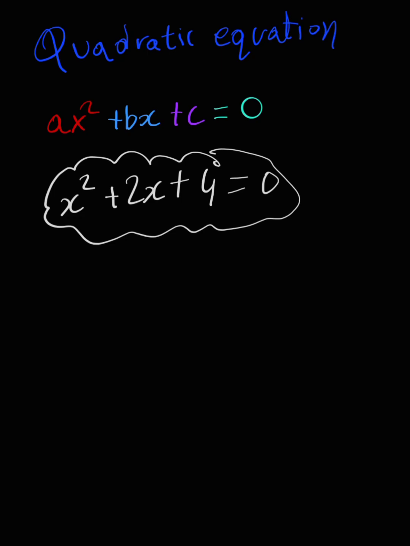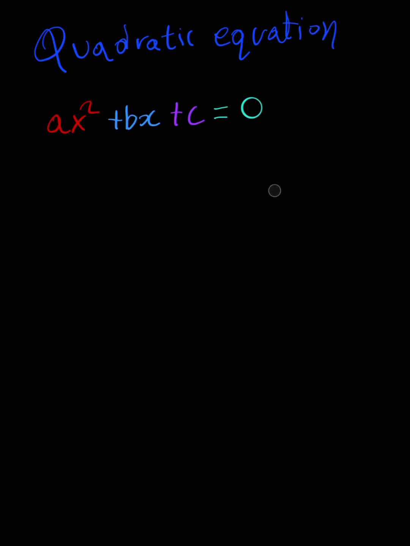A quadratic equation is defined in such a manner that the highest power of the x value, or the unknown value, is square, followed by a linear value, which is 2x plus 4 in this case. And if we look here, this is the general equation, ax square plus bx plus c. In this, a, b, c are the coefficients.